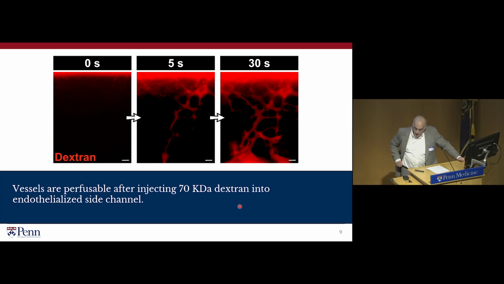And while you may have vasculature, really the purpose of this experiment was to determine if these vessels could be perfused. So what we did was, to show that initially, we injected 70 kilodalton dye in one of the channels, and with a little positive pressure, after 5 seconds, you can see the dye filling some of the vessels, and after 30 seconds, it's a lot more filling the vessels.